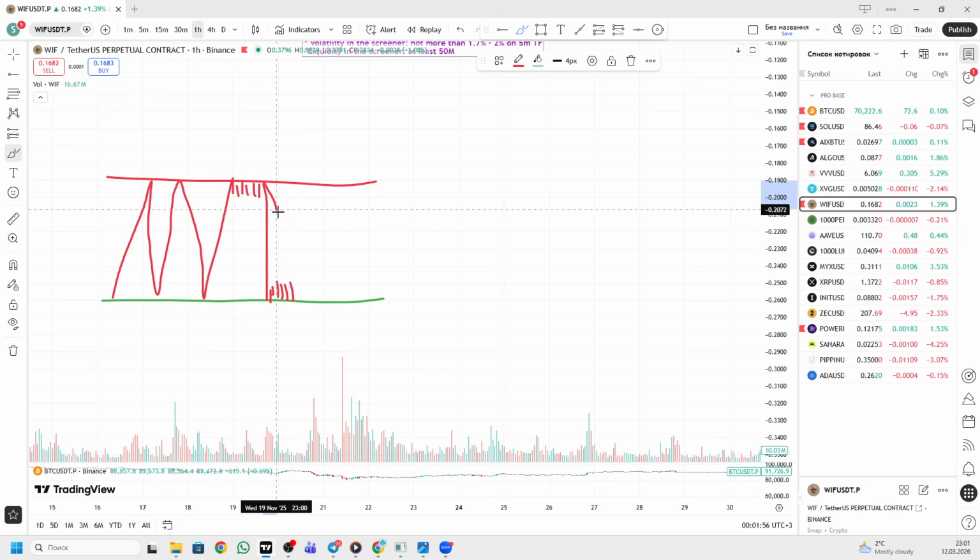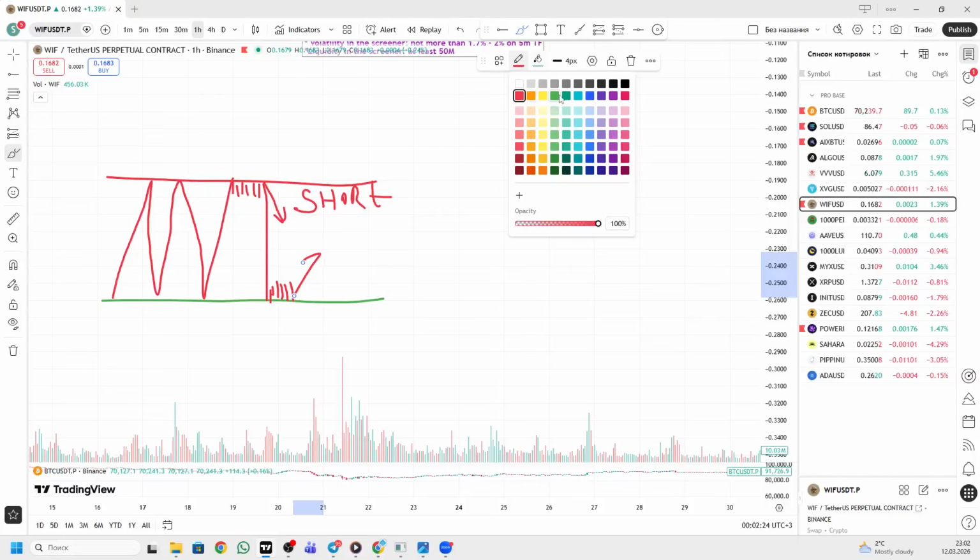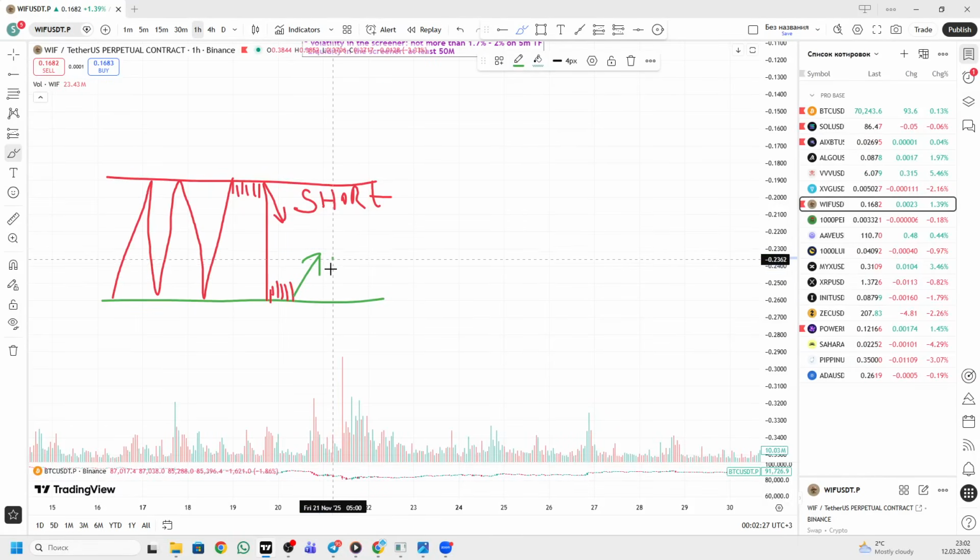So from here we go short. This is short. You go down. Okay, if it consolidates down here at support level, so it bounces long. This is long position.